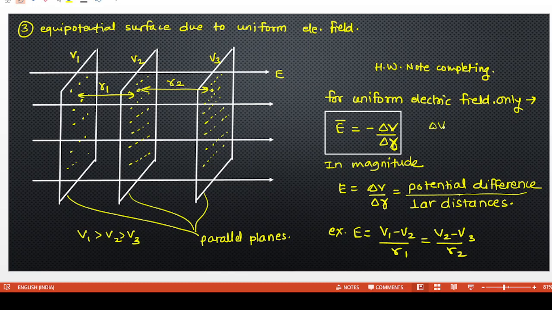You can also write delta V is equal to minus E bar dot delta R bar, or magnitude of electric field into the perpendicular distance.